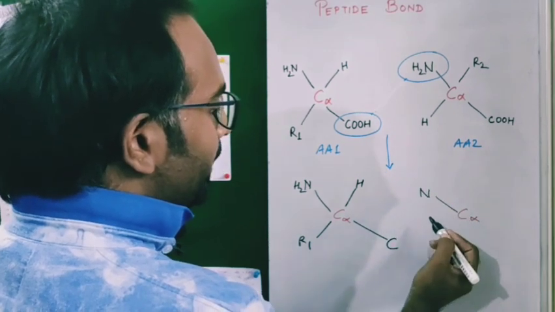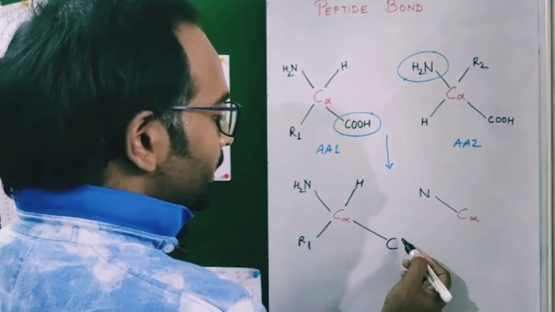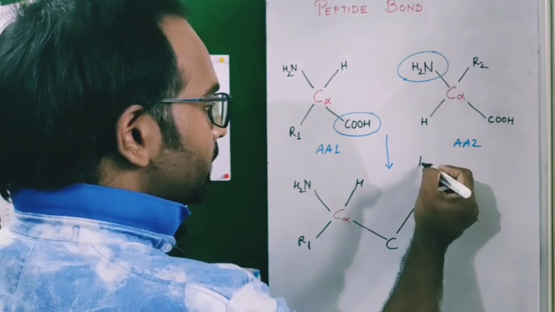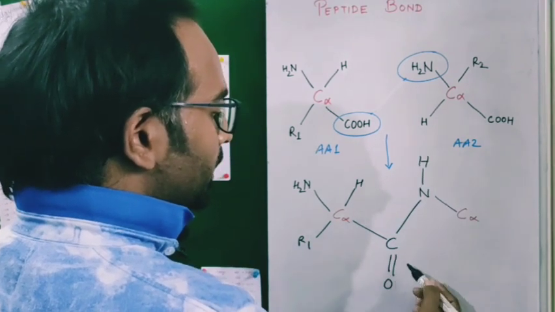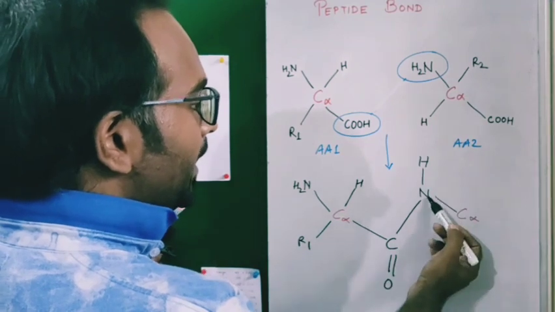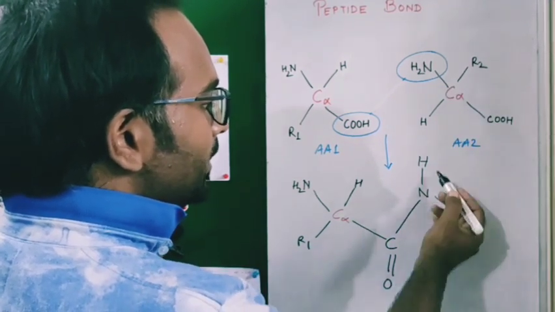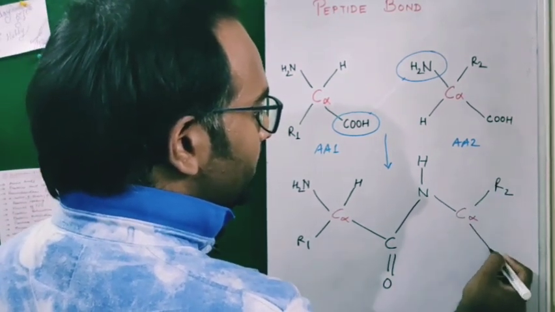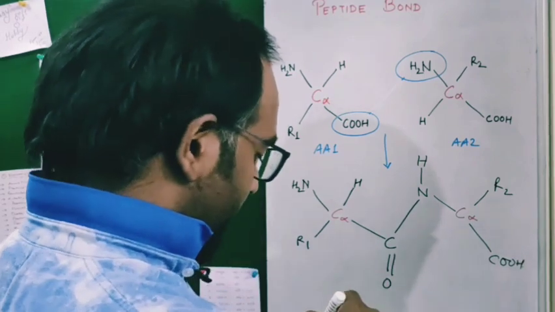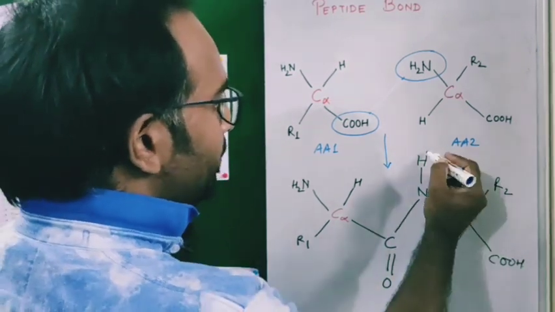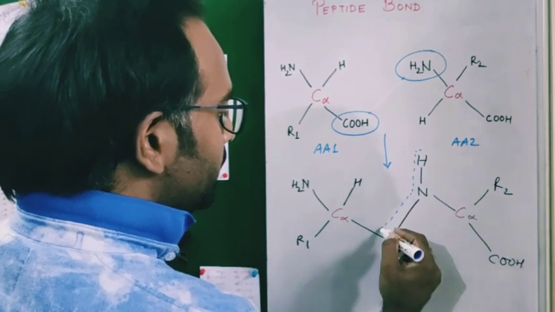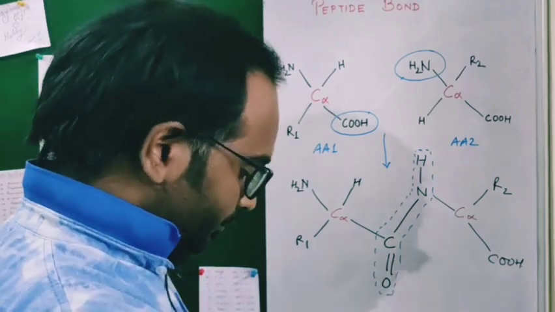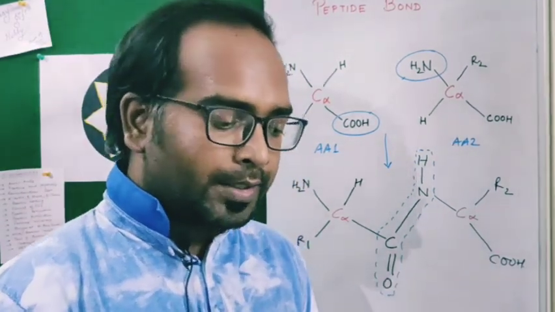We know that in peptide bond formation the carbonyl group and amino group link. This is how the carbonyl group of the first amino acid and the amino group of the second amino acid get linked to each other. And this is R2 and this is COOH. So this is the peptide bond.